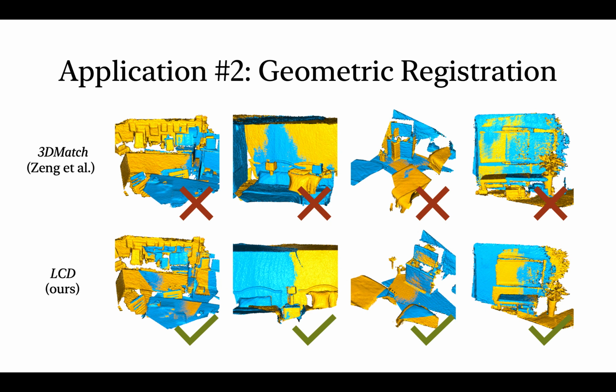Here is a qualitative result on the 3DMatch benchmark. Our method is able to align pairs of fragments in changing scenarios by matching local 3D descriptors, while 3DMatch fails in cases when there are ambiguities in geometry.